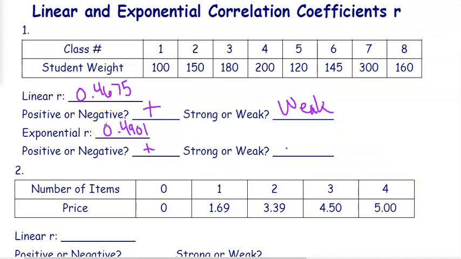That is positive, and it's still weak. Since these regressions are both weak, neither of these functions would be ideal models for this data of class number and student weight.